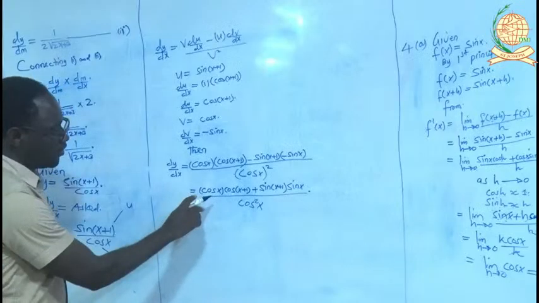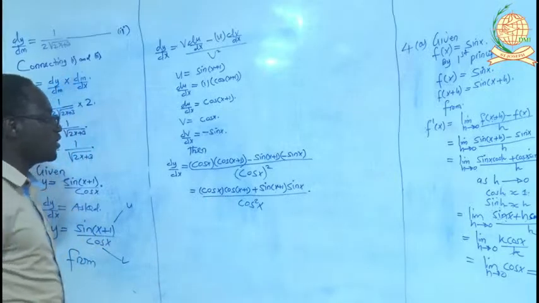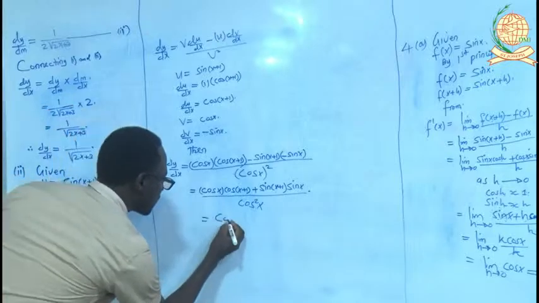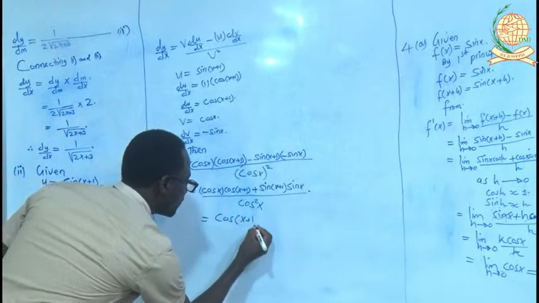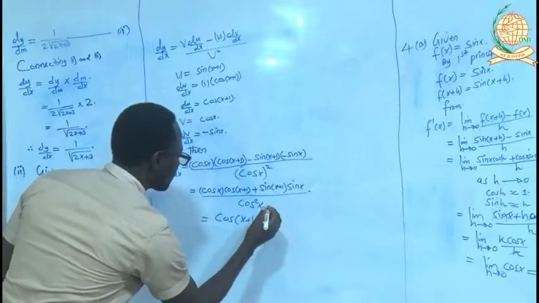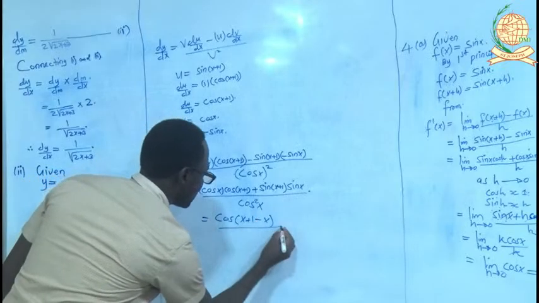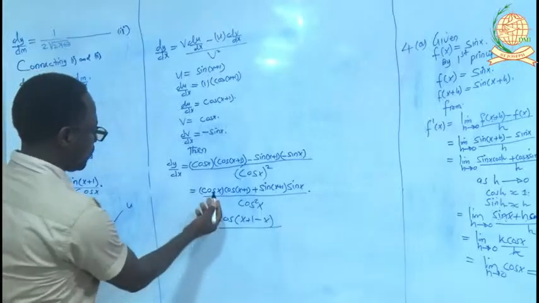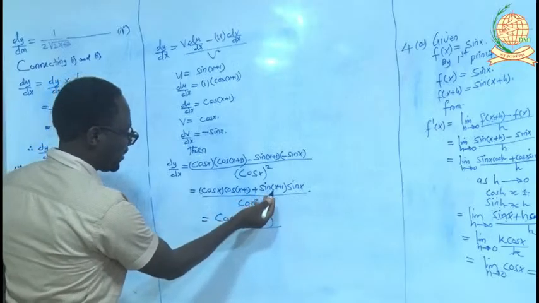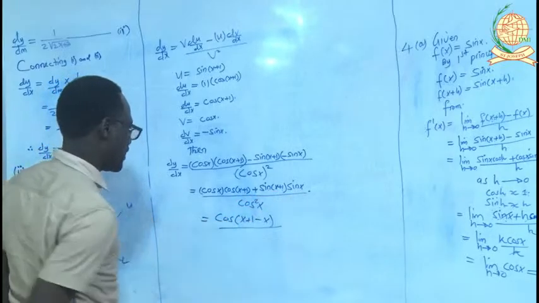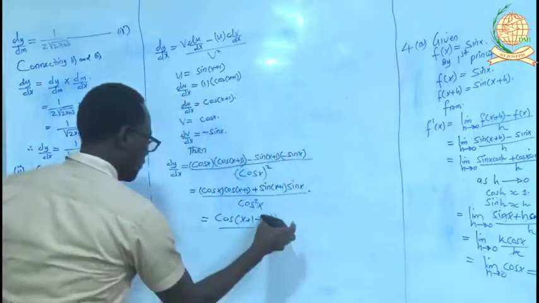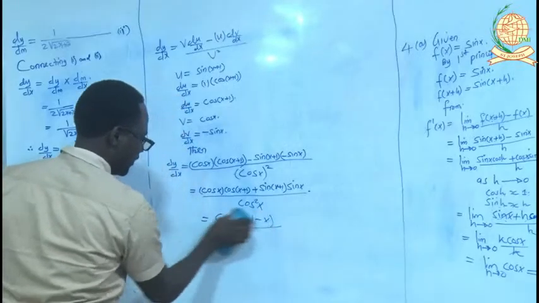Now this one, cos of x plus 1, then plus sine of x plus 1 sine x is the same as cos of x plus 1 minus x, then divide by cos squared x. Okay, anyway, you can stop there, because if you simplify more, you can have a number.